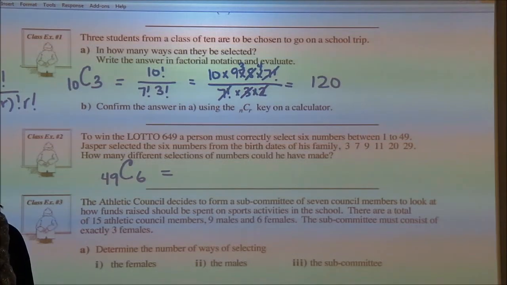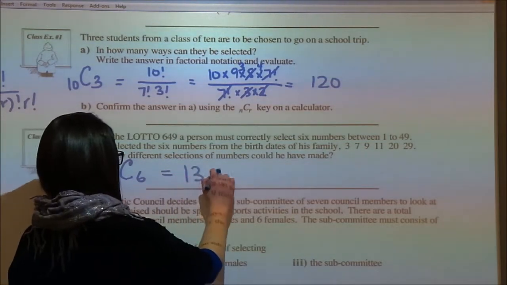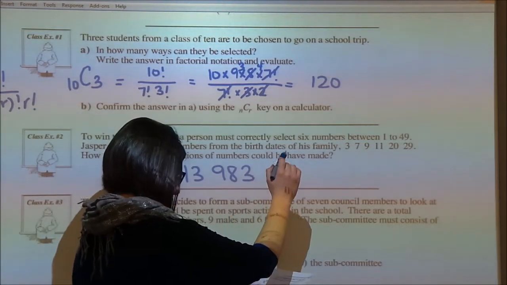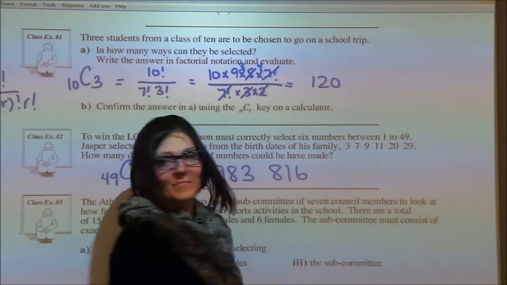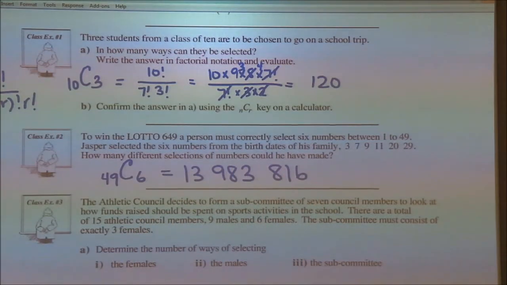Because you have to pick 6 numbers out of 49. 13,983,816. So you've got almost a 1 in 14 million chance of winning the Lotto 649.